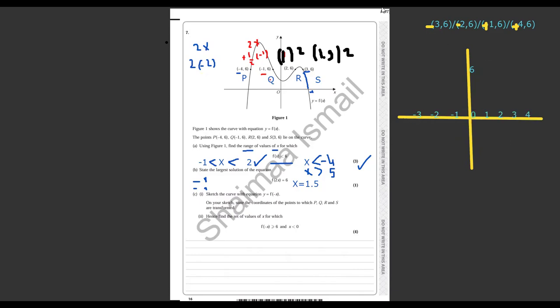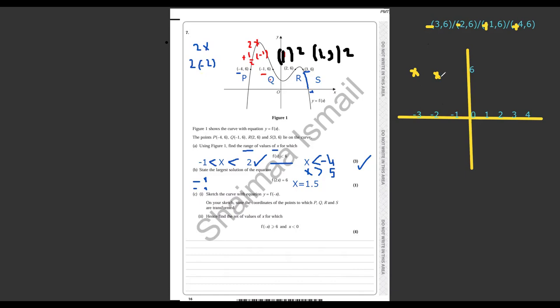So let's sketch this. Easy to make. Here we have negative 3 and 6. So this is the first point, negative 3 and 6, and negative 2 and 6.